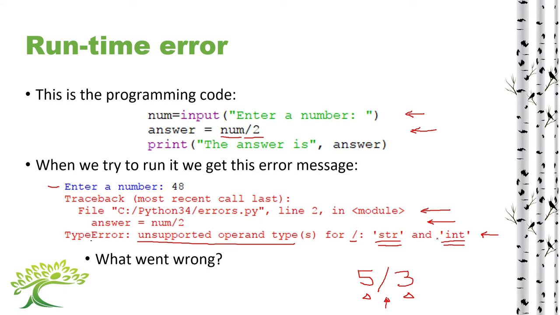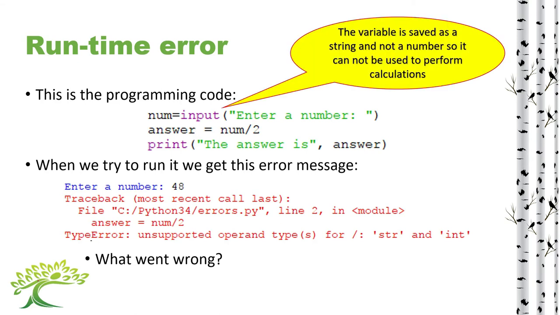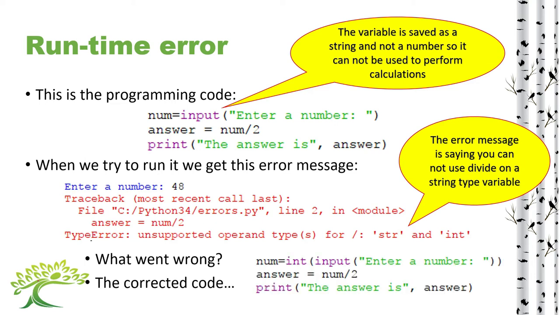So if I just get rid of all those marks on the screen now, we've saved the user entry as a string variable, and therefore the error message tells us that you can't have that. We've got a string and an integer, and we need 2 integers or 2 numbers to float.